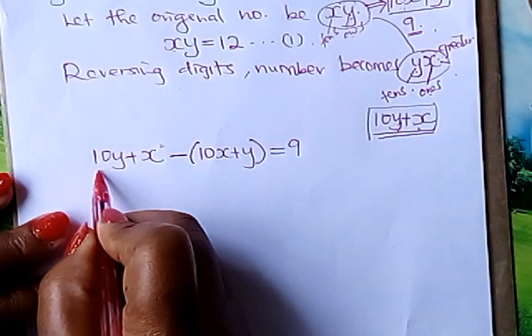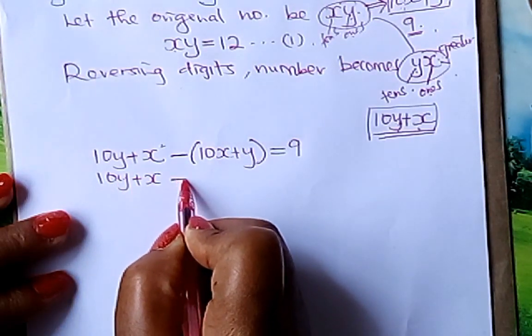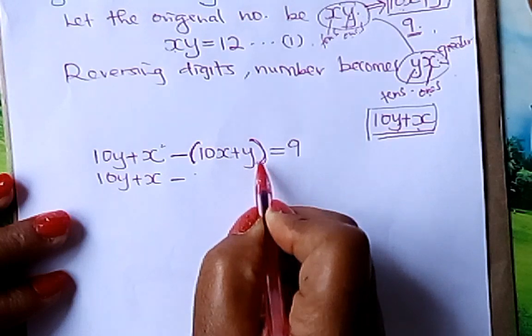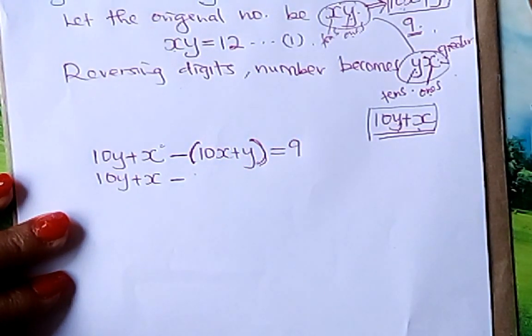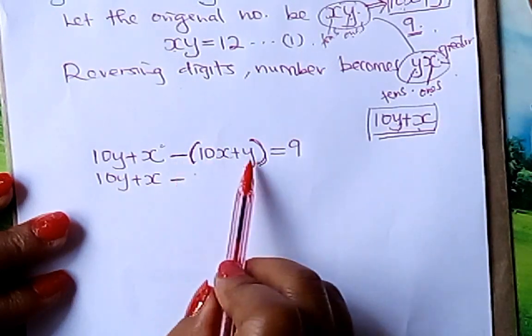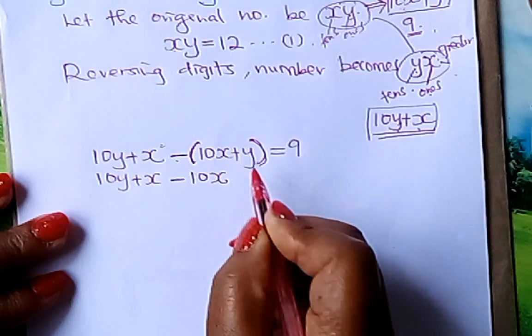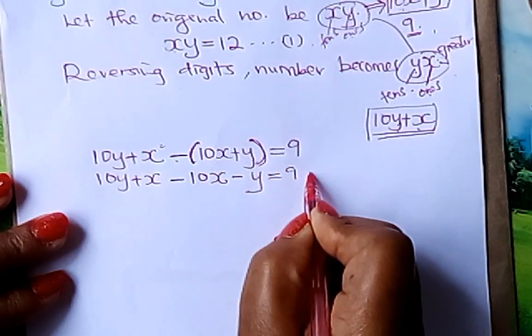So from there, you say 10y plus x minus, in brackets, 10x plus y is equal to 9. This bracket is very important because we are subtracting the two terms of this total value. Then you remove it: minus 10x, and minus times plus gives minus y, equal to 9.